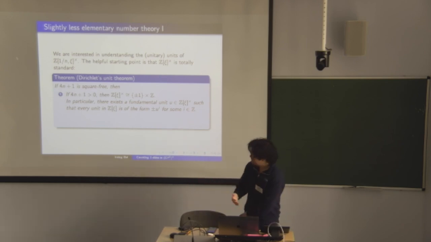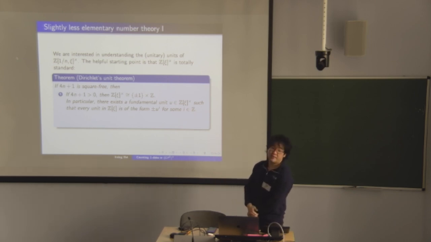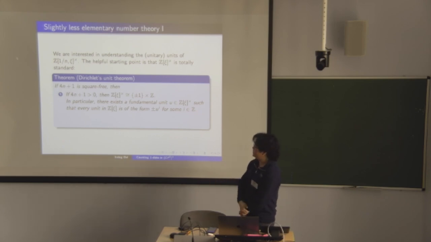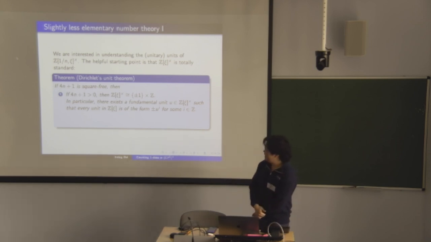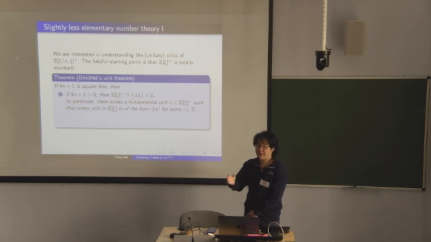The case that I care about: remember χ was (1 plus square root of 4n plus 1) over 2. For simplicity, let me assume that the thing under the radical is square free. The unit group of Z adjoin χ, if the thing under the radical is positive, has rank 1.